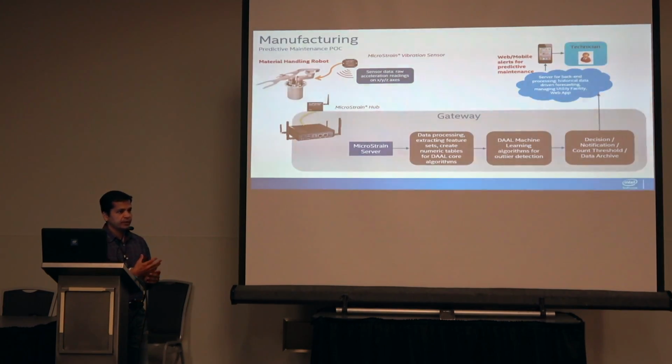When a robot comes in for repair, they just replace all the bearings. They don't look at whether they are bad or still working fine. So we are again working on analyzing the vibrations from the robot arm. In this case, we are using a MicroStrain sensor, which sends raw acceleration data.